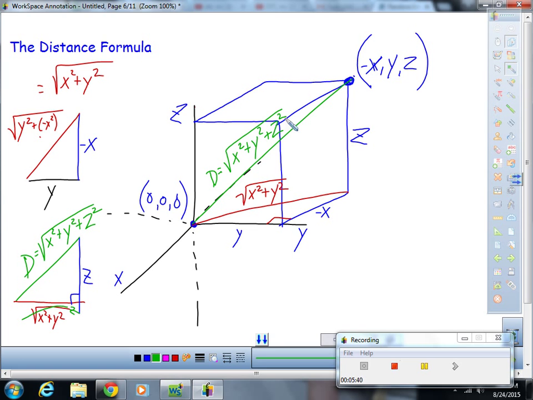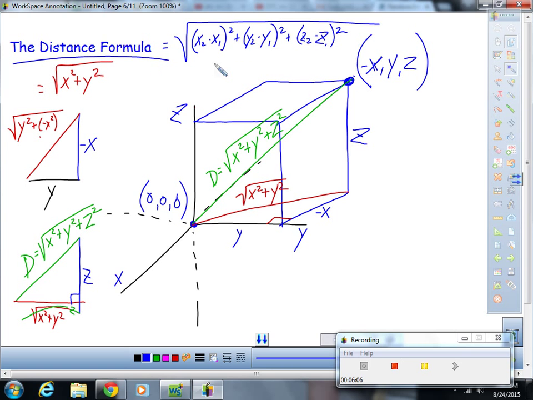And maybe now you understand why our distance formula in 3 space is the square root of x2 minus x1 squared plus y2 minus y1 squared plus z2 minus z1 squared.